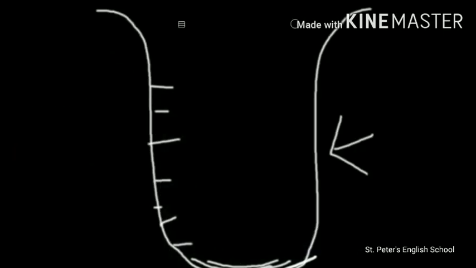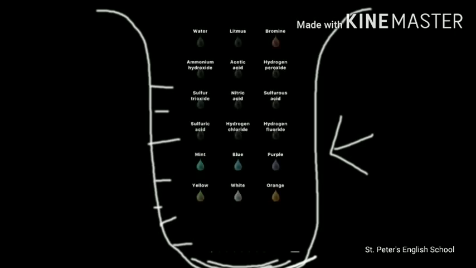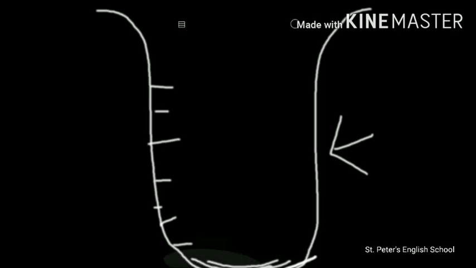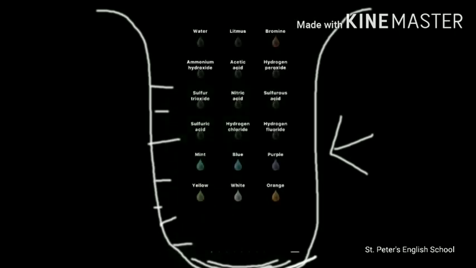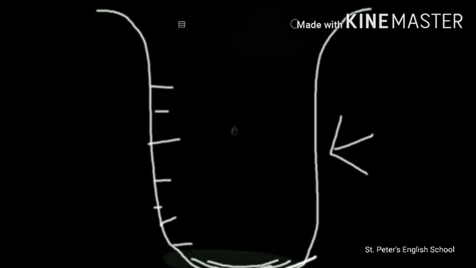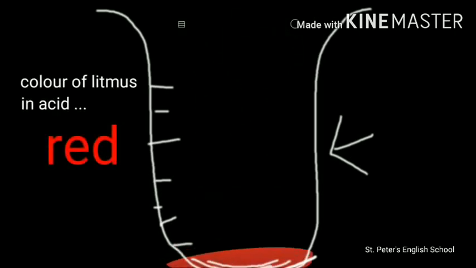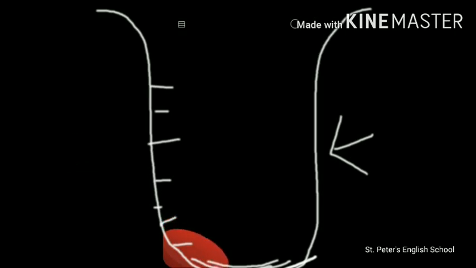Now we add some sulfuric acid and we add litmus. What's the color? The color turns red. In acidic medium, the litmus solution turns red, right?